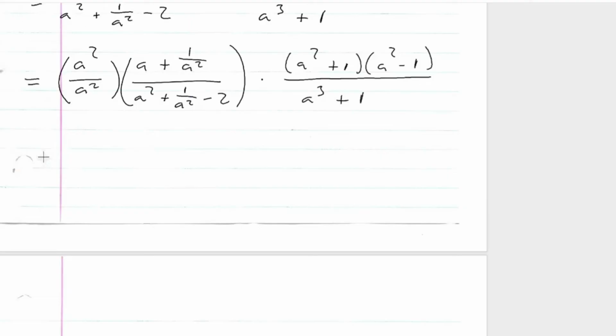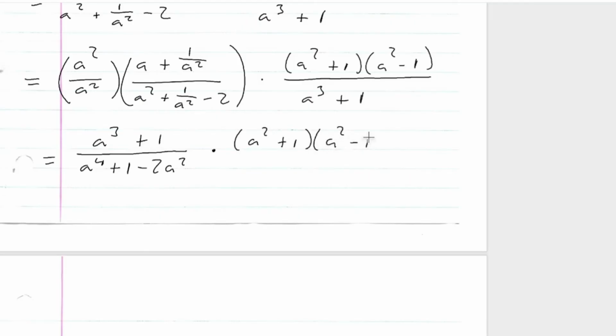Okay, so now let's go ahead and do a squared times a is a cubed. A squared times positive 1 over a squared is 1 over, so a squared times a squared is a to the 4th. A squared times 1 over a squared is plus 1. A squared times negative 2 is negative 2a squared, times that a squared plus 1, a squared minus 1, all over a cubed plus 1.